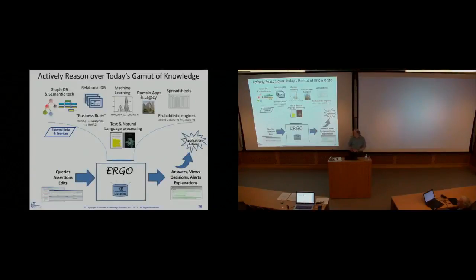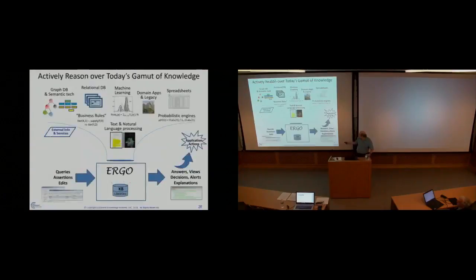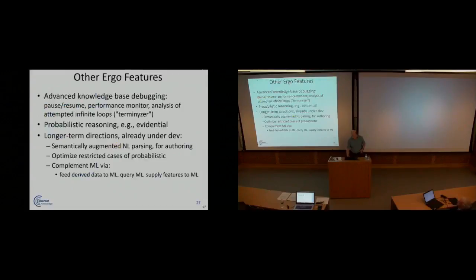And so, as I said, you can pretty much pull any type of information, including data that sits behind legacy apps or middleware interfaces or behind REST interfaces, comes from probabilistic engines, other business rules technology. DMN, of course, would fall in that category as well.